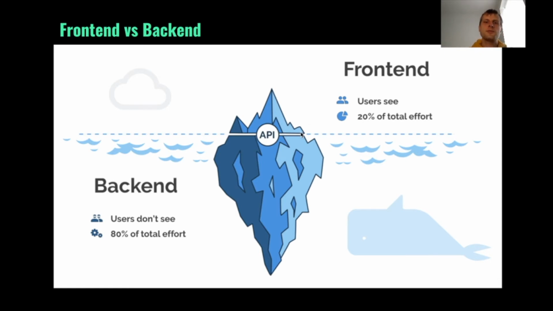And what I like about this picture is that over here there is this thin line, the water line, where this iceberg is divided between front end and back end, and it's connected via the API. And you have been using APIs in the previous workshop, so this time hopefully we will manage to connect our front end with the back end via an API as well.